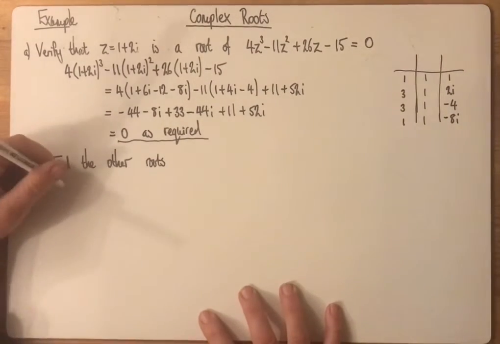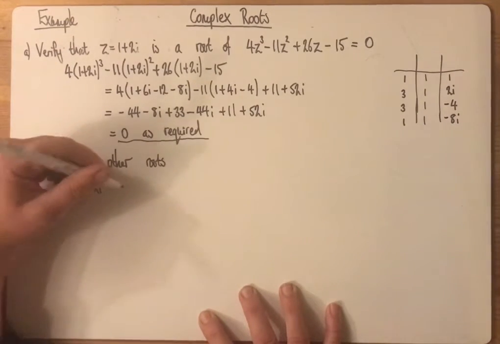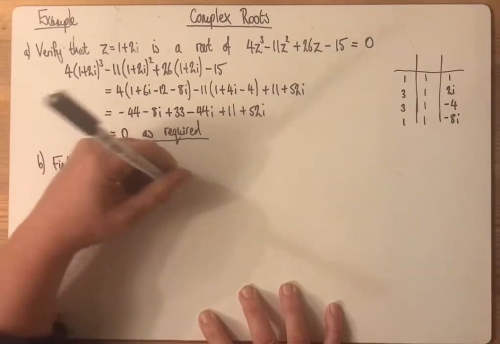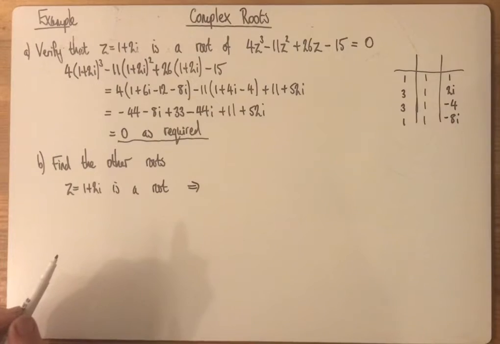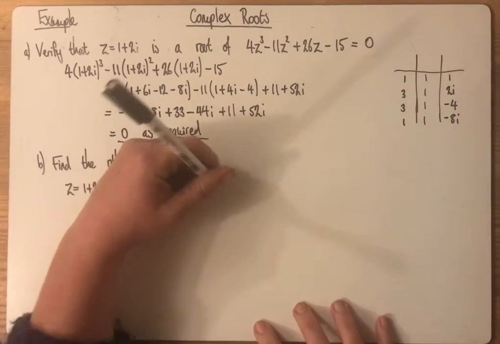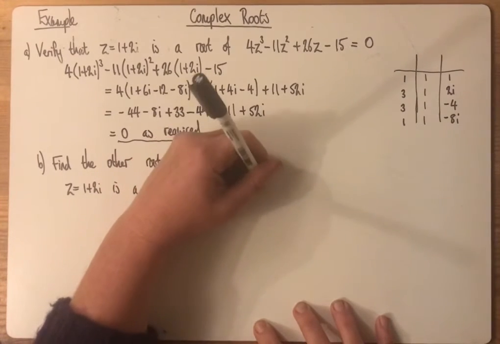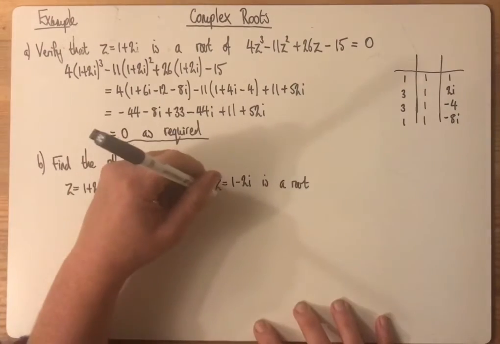So z equals 1 plus 2i is a root. And we know that complex roots come in complex conjugate pairs. So z equals 1 take 2i is a root.